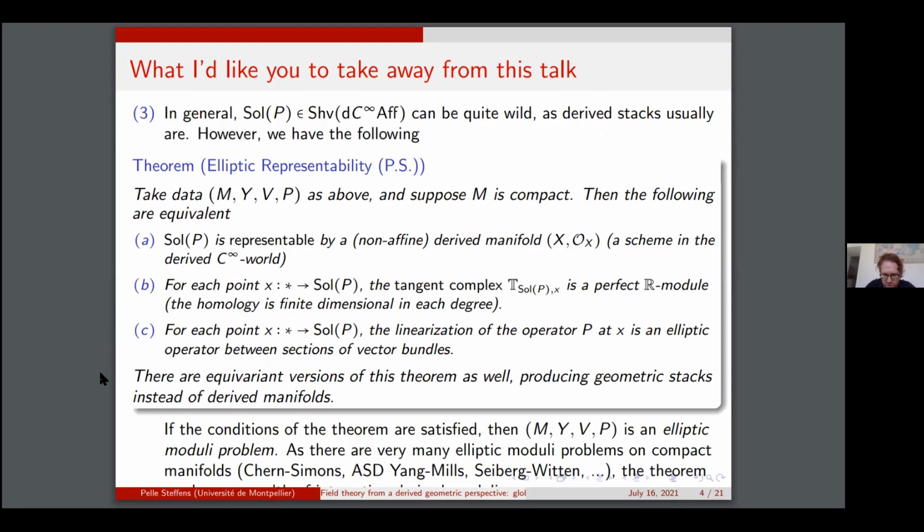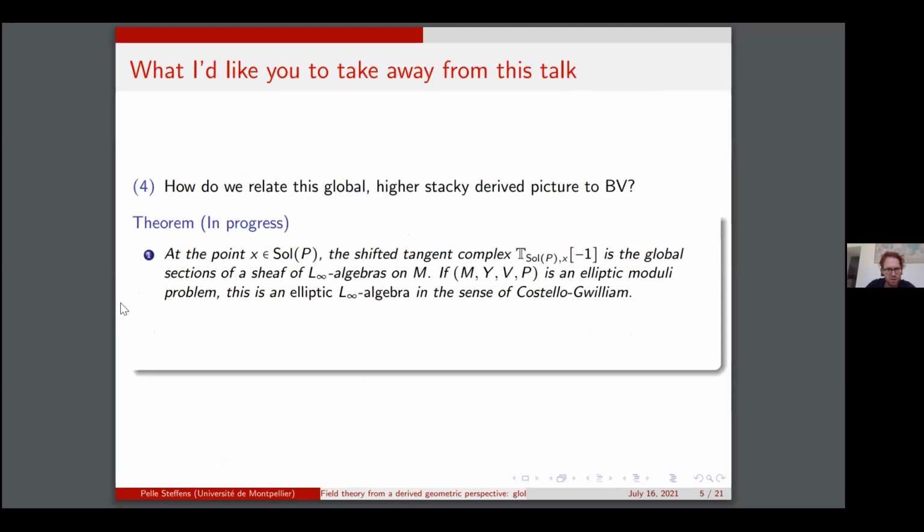So, oh, this is unfortunate, something has fallen off, but if these conditions are satisfied, then this quadruple is an elliptic moduli problem. This terminology I somehow stole from Costello-Gwilliam, but this is really a global version of what they study.